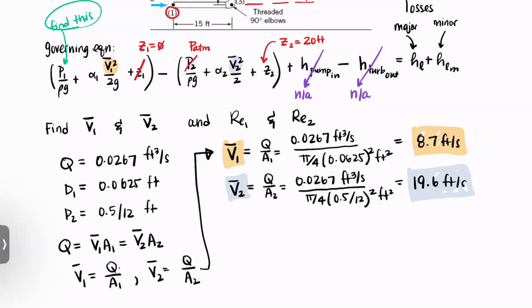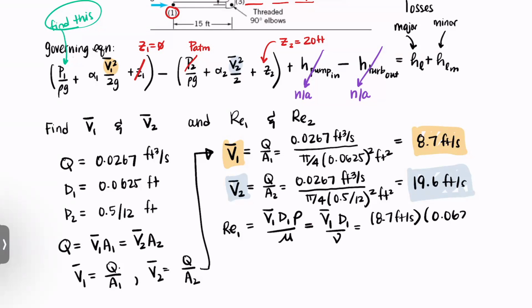All right, so now we need to calculate our Reynolds numbers. So our Reynolds number at point 1 is V1 times D1 rho over mu. Or mu over rho is nu, the kinematic viscosity, right? So I can also write this as this. So we've got 8.7 feet per second times 0.0625 feet divided by the viscosity. So this is something we would look up, or it would be provided to you on an exam.